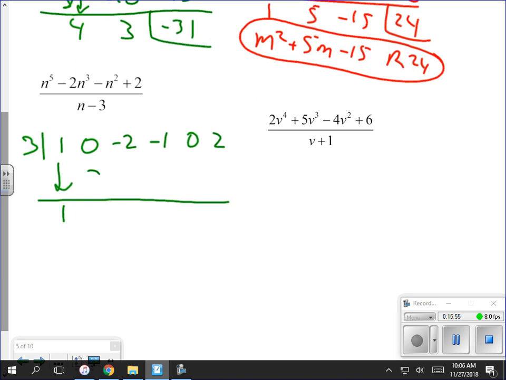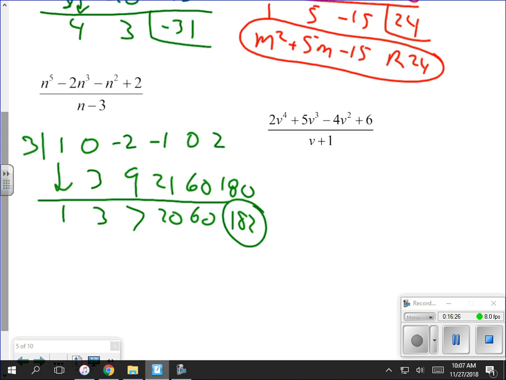3 times 1 is 3. 0 plus 3 is 3. 3 times 3 is 9. Negative 2 plus 9 is 7. 3 times 7 is 21. Negative 1 plus 21 is 20. 3 times 20 is 60. 0 plus 60 is 60. 3 times 60 is 180. 2 plus 180 is 182.